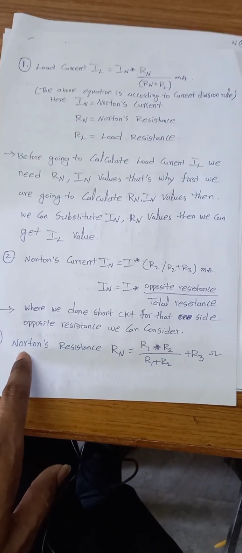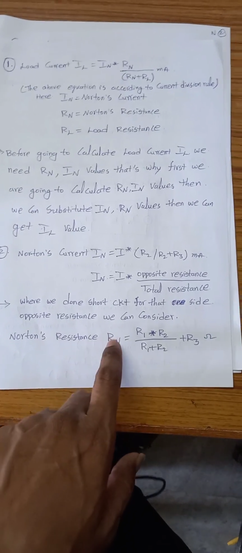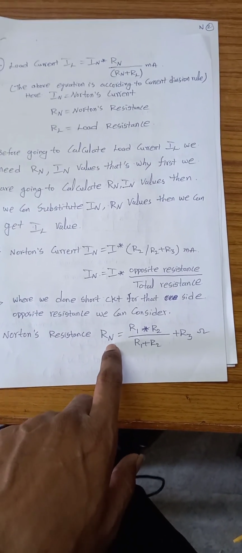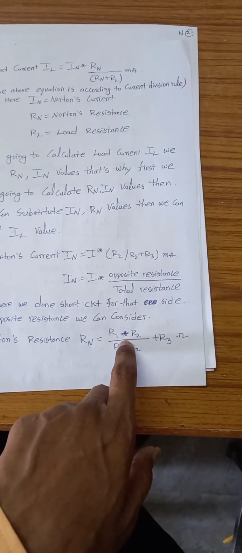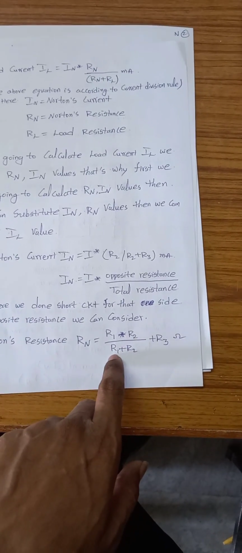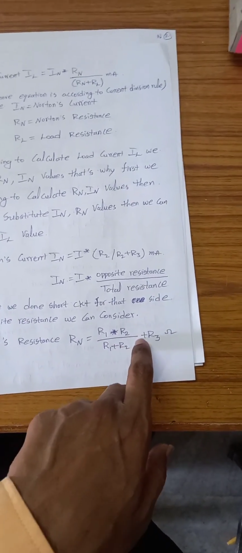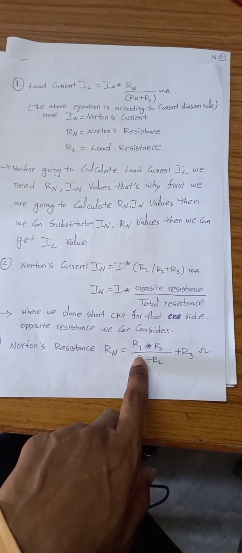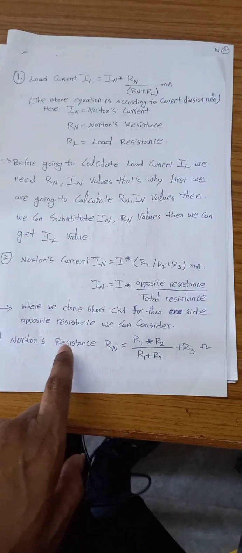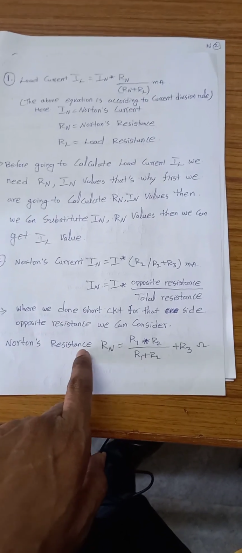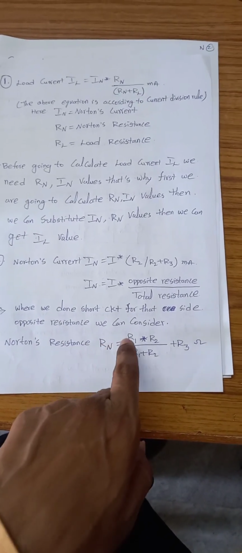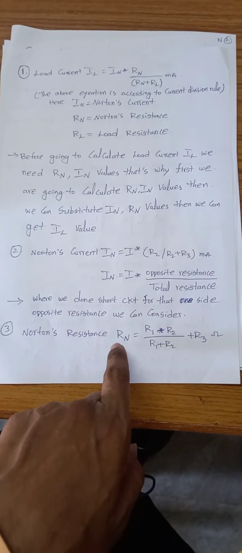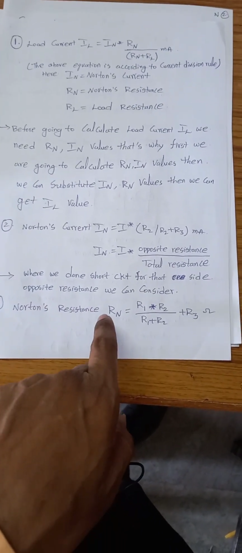Next, Norton's resistance. We are going to calculate RN equals R1 into R2 by R1 plus R2, plus R3. It means there are also conditions for the Norton's resistance calculation, and I will tell you those conditions too.